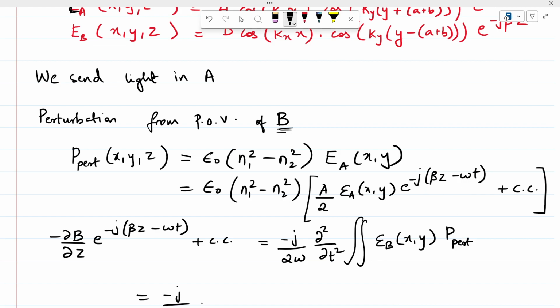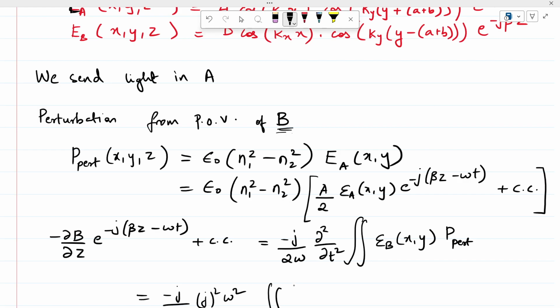So that we can write down as j square omega square times the same thing again.